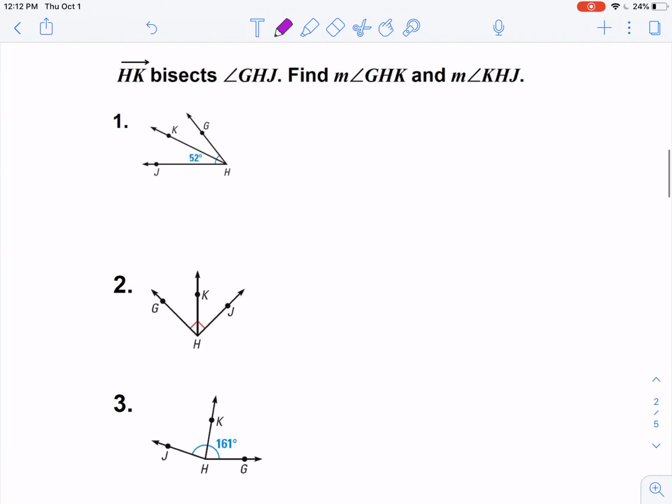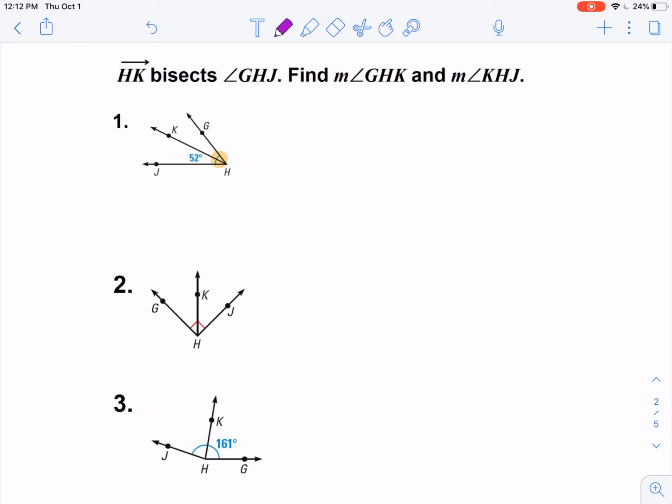Let's do some practice. Ray HK bisects angle GHJ. Find the measure of angle GHK and the measure of angle KHJ. So let's look at what it gives us and what it's asking for us to do. Remember I told you in the last chapter that this little line is showing you that the whole thing is 52 degrees. It gives you a line and an angle measurement next to it.